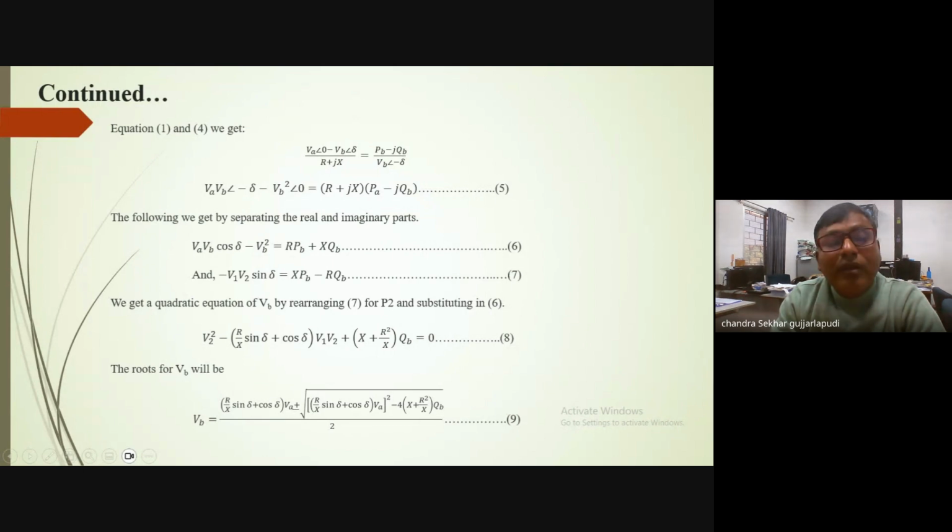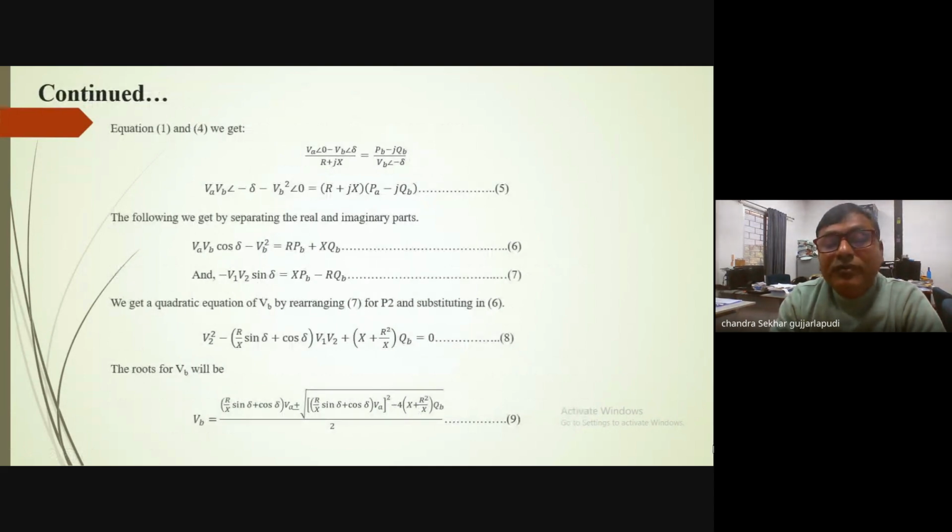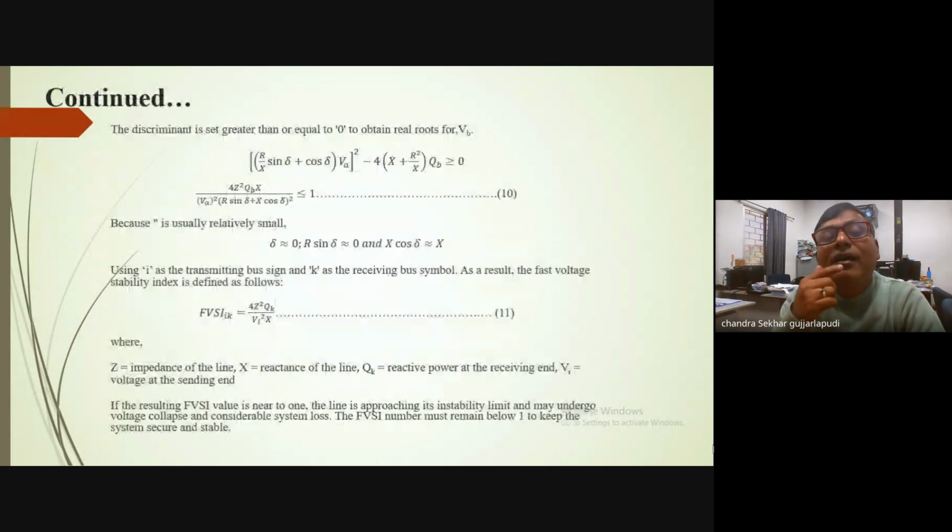Now you see VB is a real value. This is a quadratic equation. Since VB is a real value, the discriminant, B square minus 4AC, should be greater than or equal to 0.